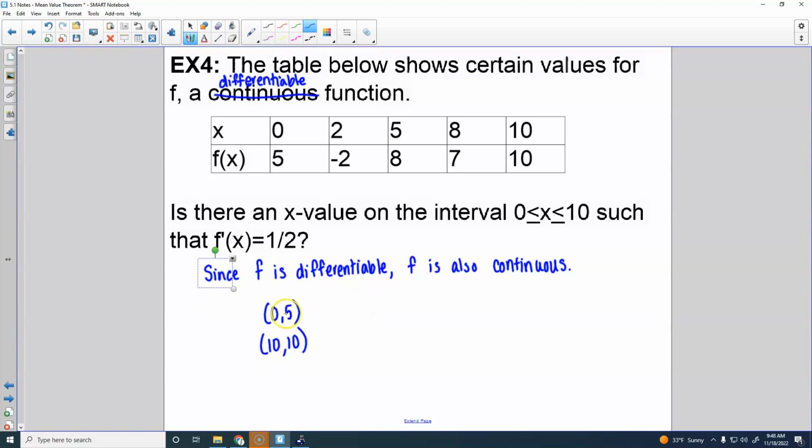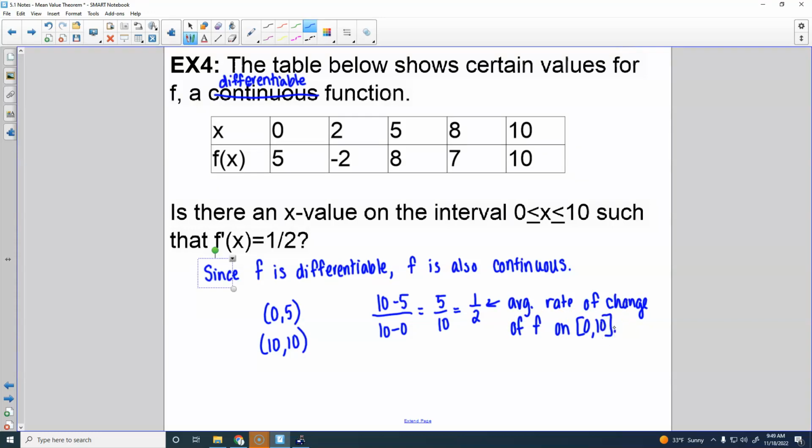Our average rate of change here, we're just going to do the slope, 10 minus 5 over 10 minus 0, is going to give us 5 over 10, which equals 1/2. This is our average rate of change of f on our interval from 0 to 10.